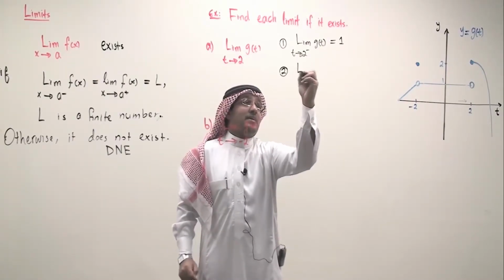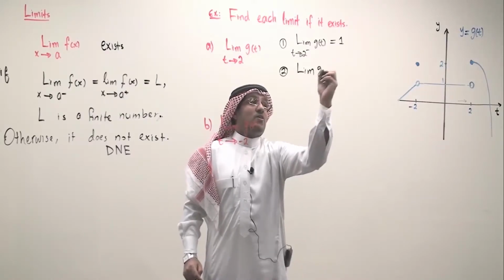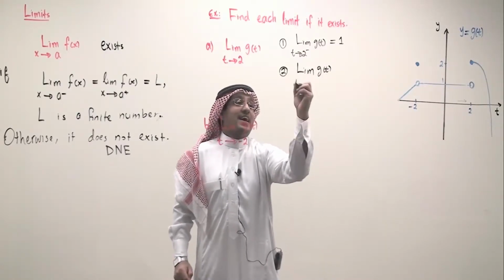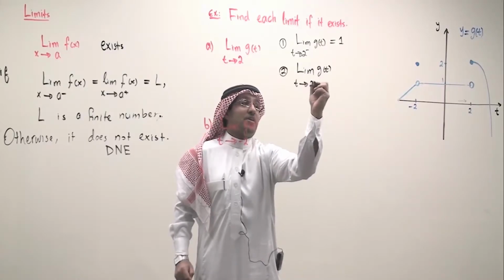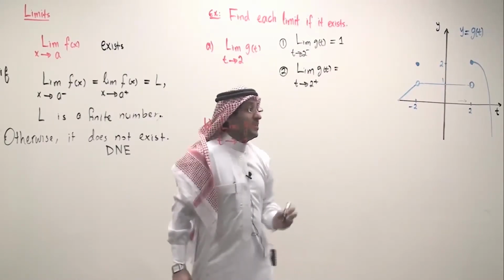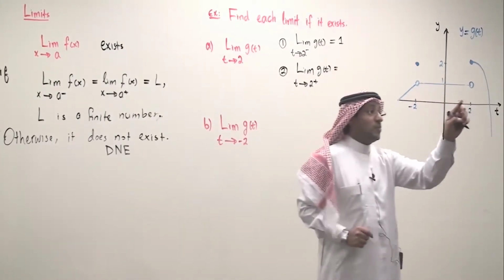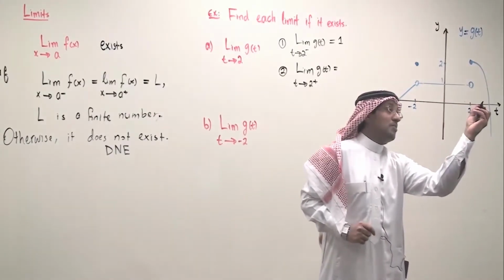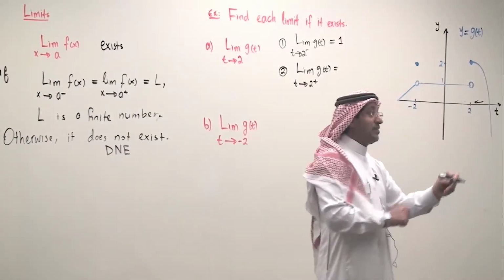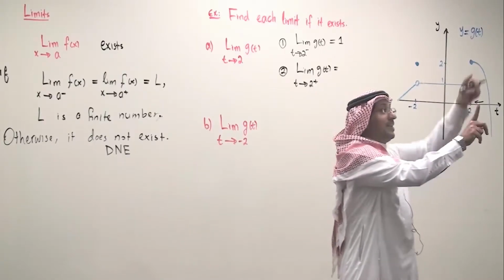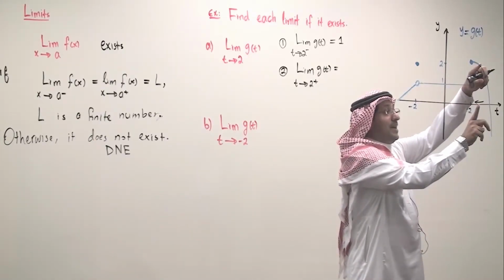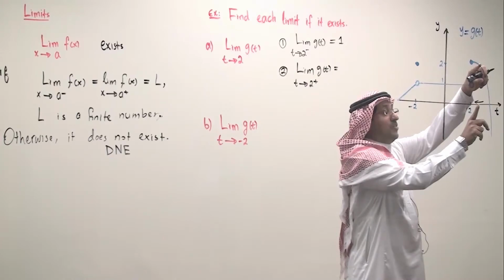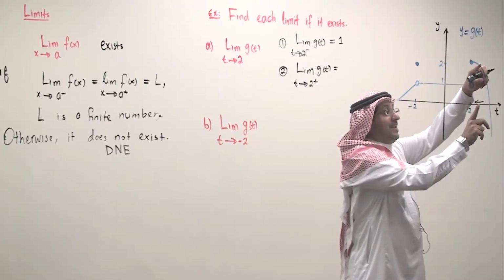Now let's make sure and see the other one. What is the limit of the same function as t goes to 2 but from the right? So I'm going now to approach 2 from the right hand side. Let me put a finger for x and the other finger for y, and I'm tracking now the y values as t approaches 2 from the right.